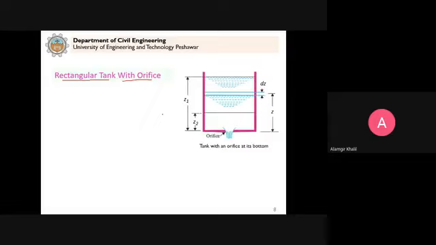Now here we take one case. For this rectangular tank, it means that the cross section is constant. Let's say this is length by width of this cross section, so this is the surface area, denoted by AS. If you look from the top, this is the water tank.